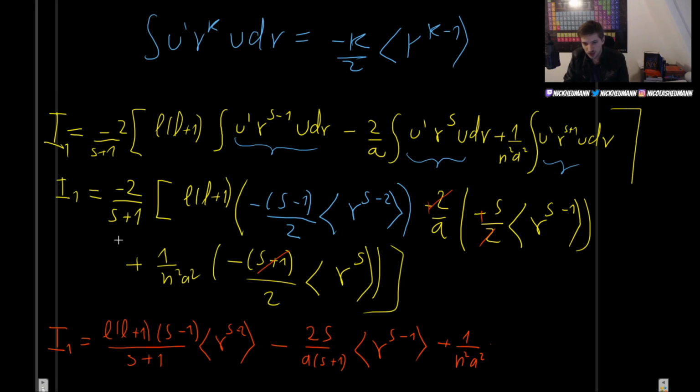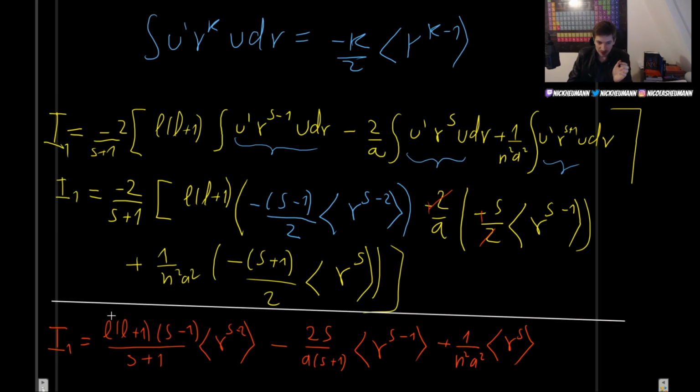So this s plus 1 will cancel out with this one. So we don't have to write it down at all. So let me now double check. So of course we're missing this. So minus cancels out, 2 cancels out, s plus 1 cancels out. All right, seems good. Amazing. So this is integral number 1. Now let me put it in like a huge box because I don't want to forget where this result is.